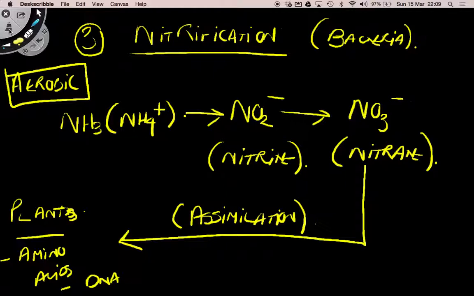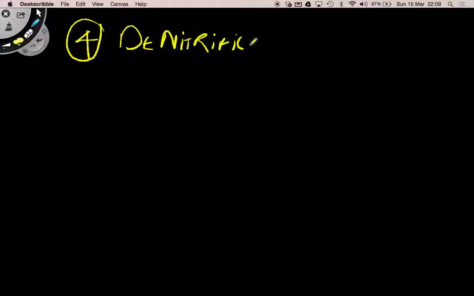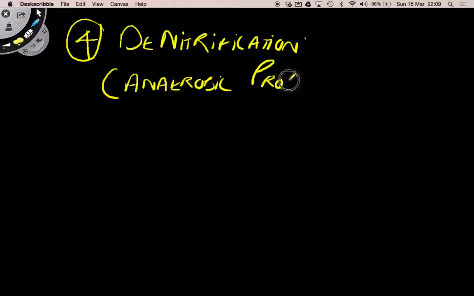What they want to avoid is process 4, which is called denitrification, which is an anaerobic process. Anaerobic means without oxygen.